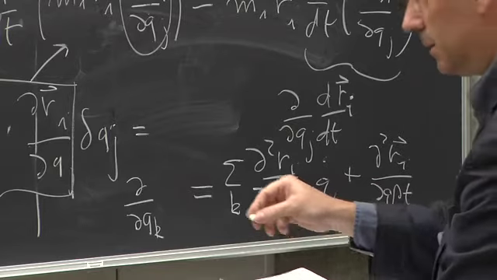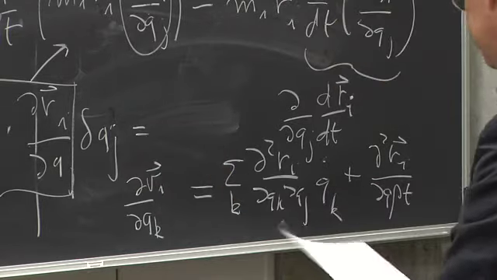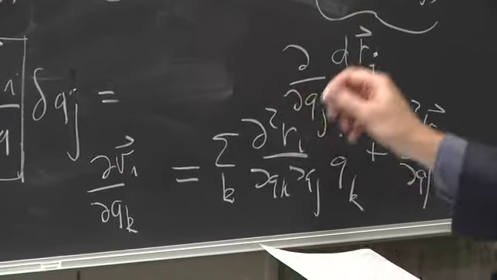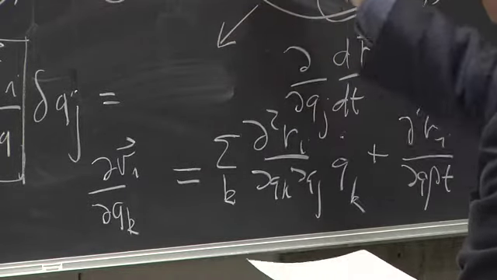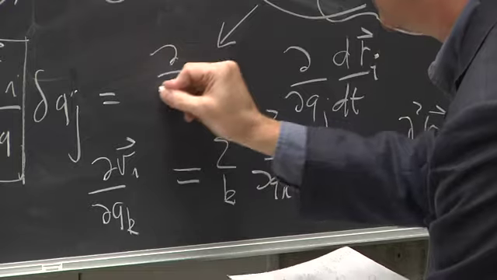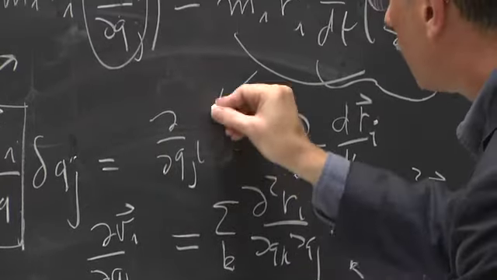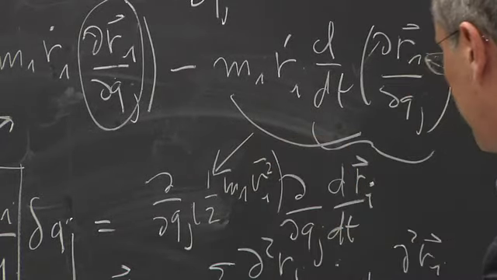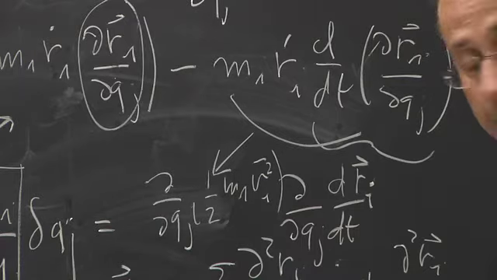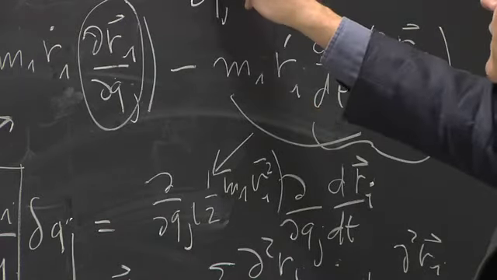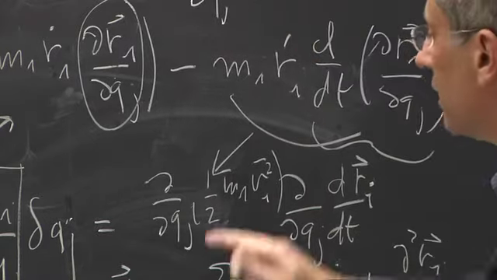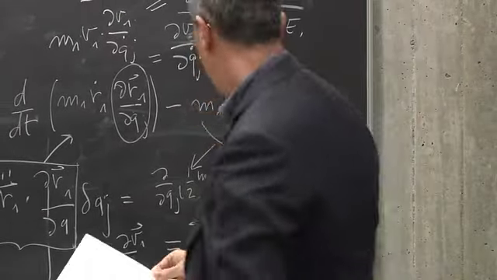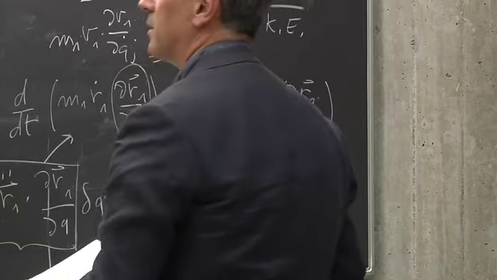So again, this term too can be written as dqj of 1/2 mi vi squared. It looks like the other one, but that is the partial derivative with respect to q dot, and here you have the partial derivative just with respect to q. That's the only difference.